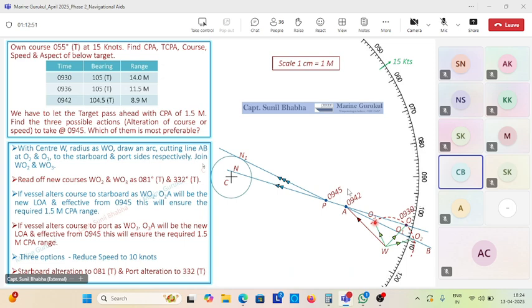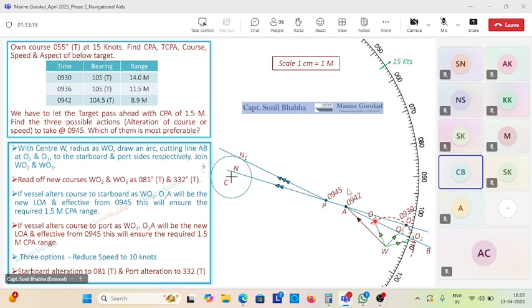However, alteration of course to port is ruled out in this particular case, because if we alter to port, one, it requires a much larger alteration. The amount of alteration required is much larger compared to the starboard alteration, and even if you do it, the own ship would have to remain off course for a very long period of time.